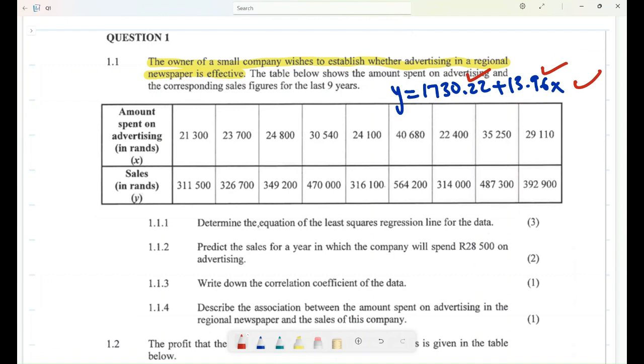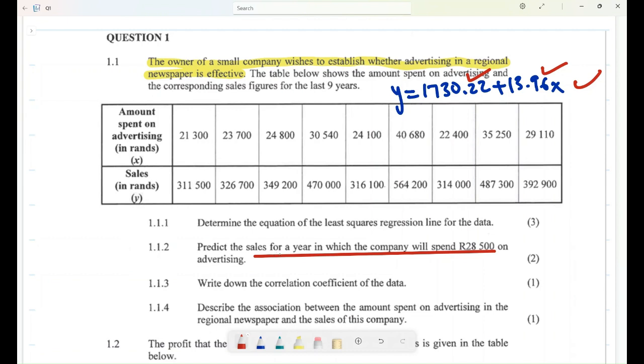Now 1.1.2 says predict the sales for a year in which the company will spend 28,500 on advertising. This question is fairly straightforward.